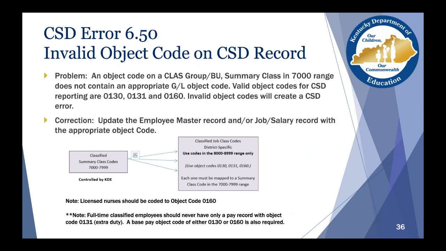You'll see the grid there that has the classified summary class codes of 7,000 to 7,999. Those are controlled by KDE and cannot be changed. You can link a specific job class code for your district to those summary class codes using the range of 8,000 to 8,999 and object codes 0130, 0131, and 0160. This grid and the grid for certified as well are in the CSD and PSD guides for you to reference.